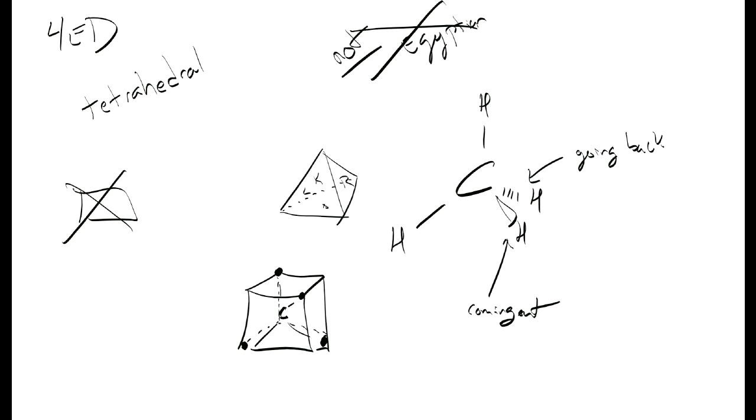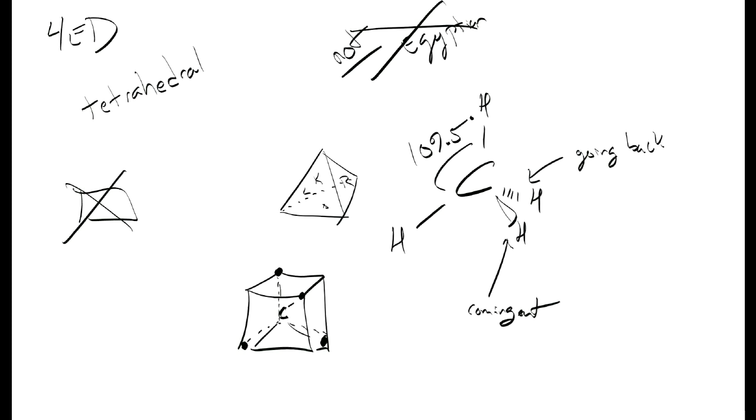This isn't perfect just because the bond angles aren't right. Speaking of bond angles, 109.5 degrees. It's not exactly 109.5. We're rounding just to get to that. But that is a good estimate. 109.5 degrees is the internal bond angle for a tetrahedral geometry.